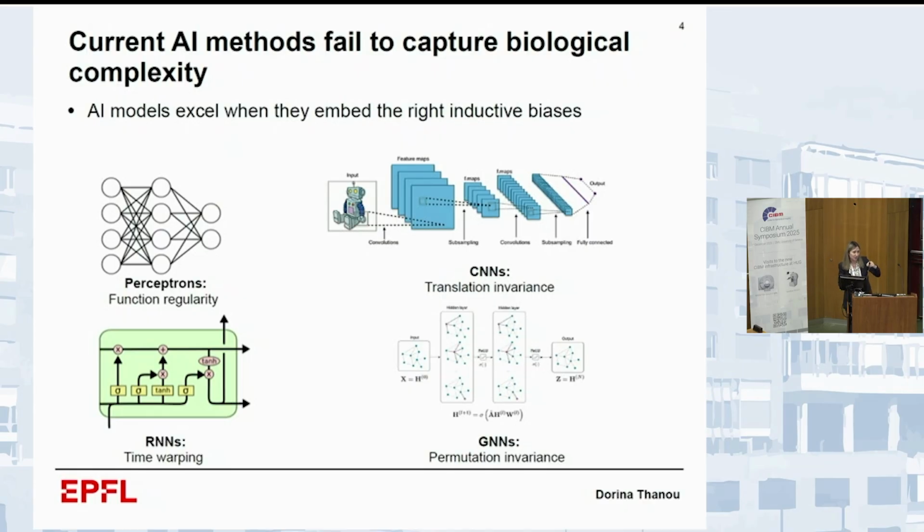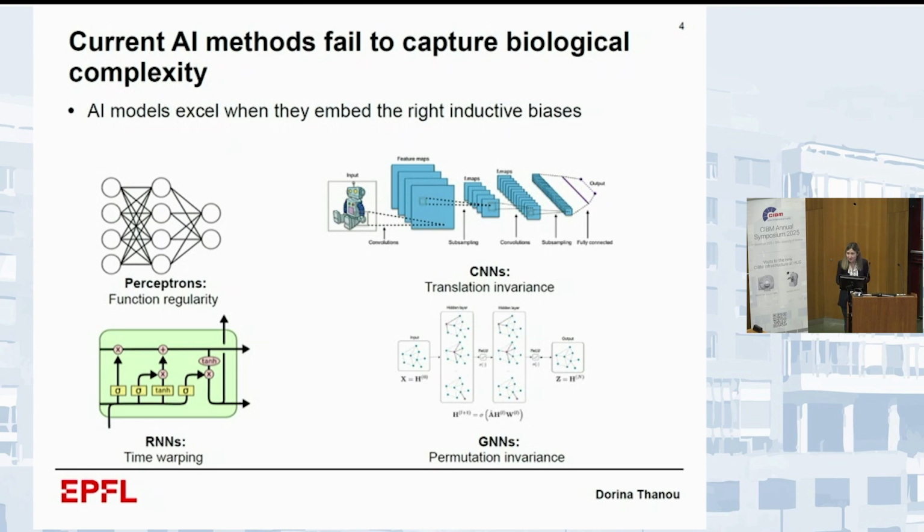So if you have one cat appearing in one part of the image and another one appearing in a different part of the image, you would like to understand that we are talking about the same feature. RNNs, the time component, is another inductive bias that has led to the design of this sort of architectures.